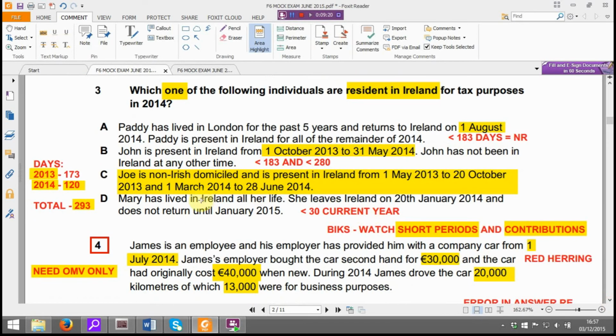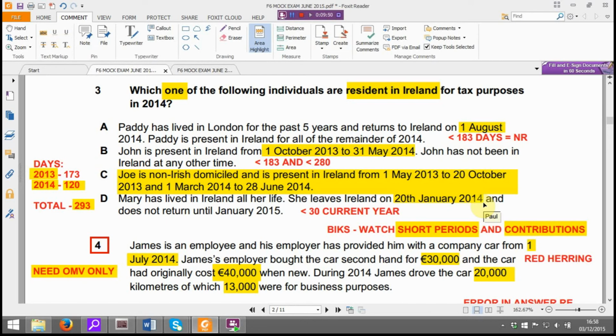We see here that Mary has lived in Ireland all her life. That might make us think, oh, well, that sounds good, maybe she is resident. But if we look at the rest of the question, it says she leaves on the 20th of January 2014 and doesn't return until the calendar year 2015. So the way I see that very quickly is that if she leaves on that date, she has only been in Ireland for 20 days effectively in 2014.